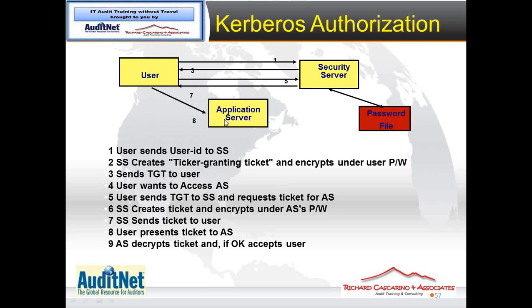It doesn't know who you are. You don't know how to access it. Everything's being done at third hand because of that security server. And that's the way a Kerberos system works. It's used primarily for large unknown populations.